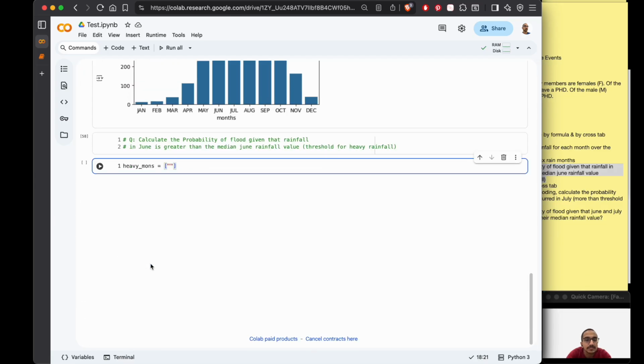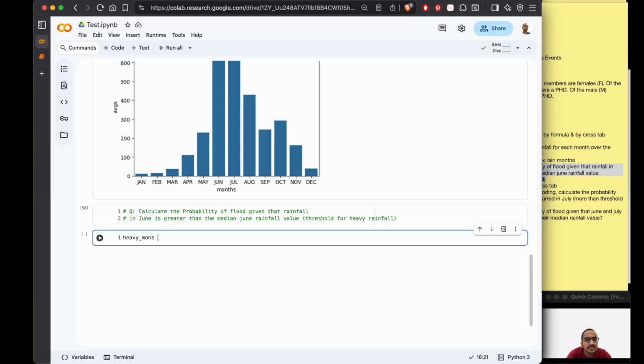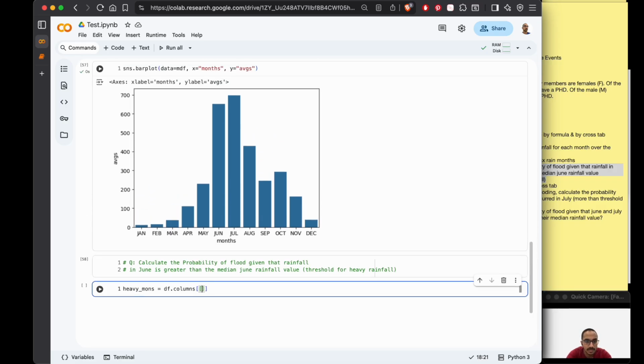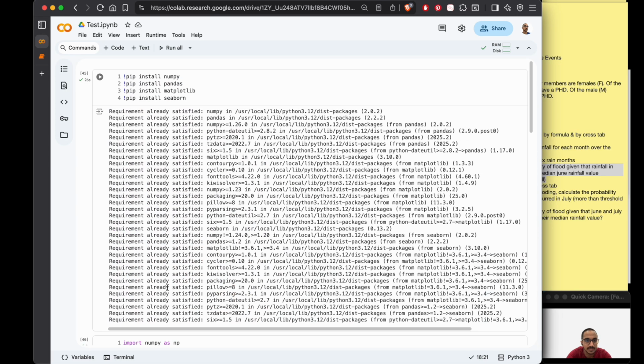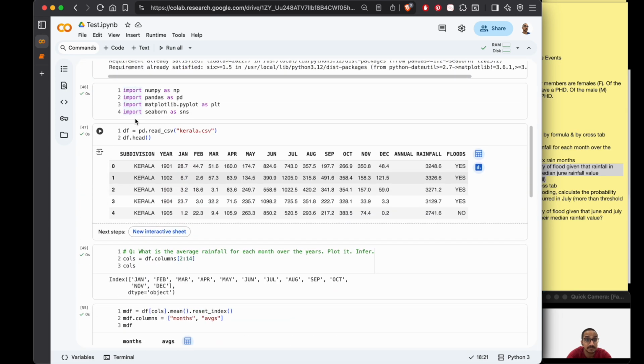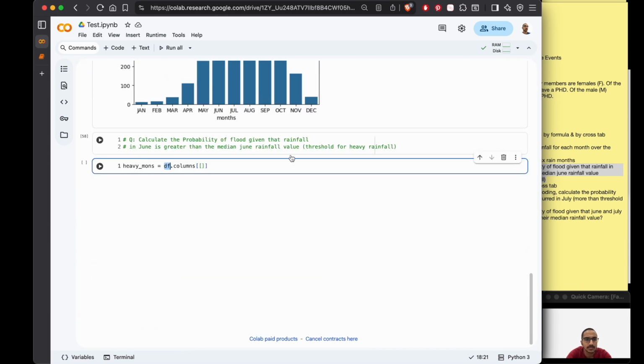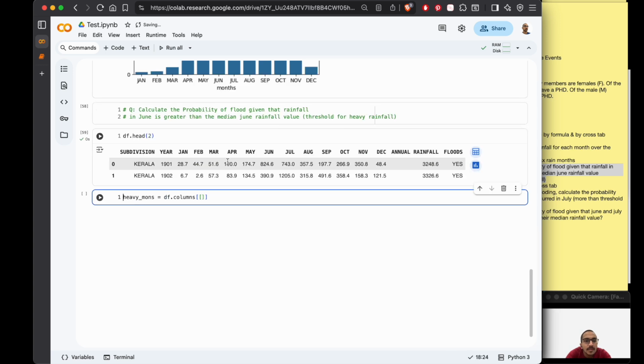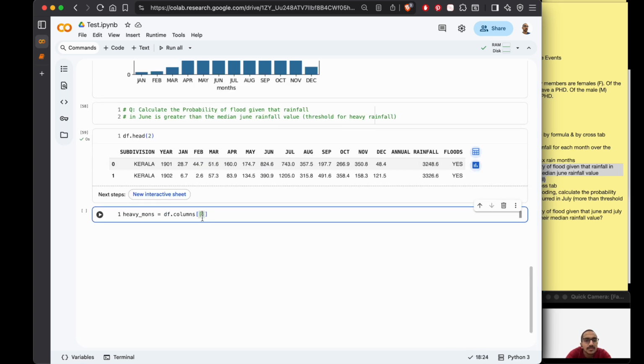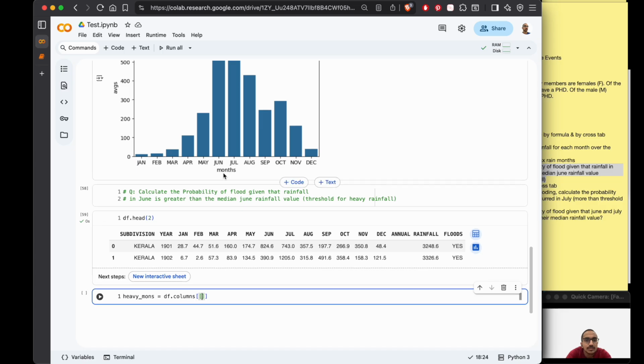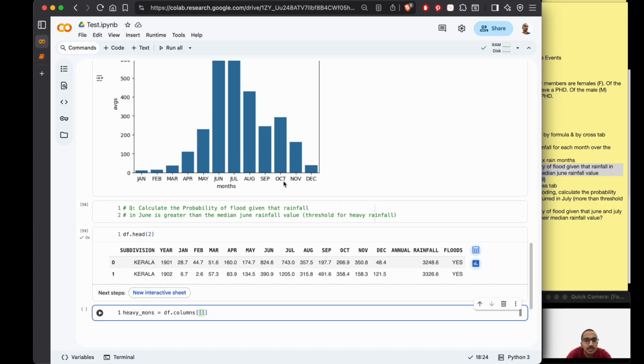So we'll do one thing. We'll just get the indices. That'll be df dot columns, and we'll choose our columns. So remember df is this one. This is our df, right? Let me just do df dot head. This is our data frame. So what we need are June, July, August and October months.